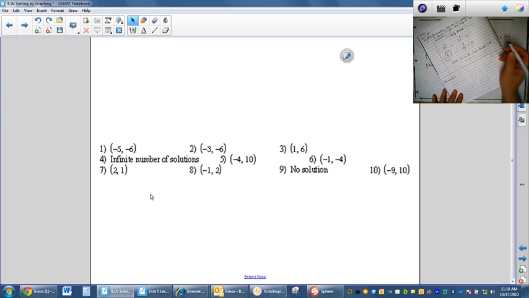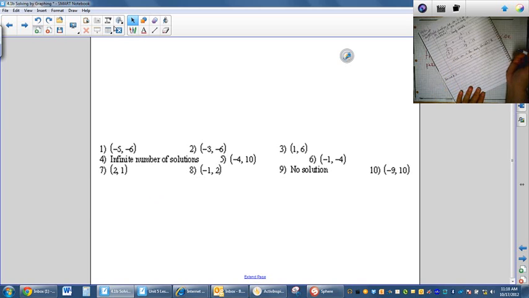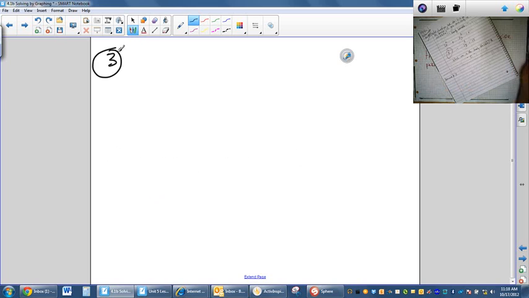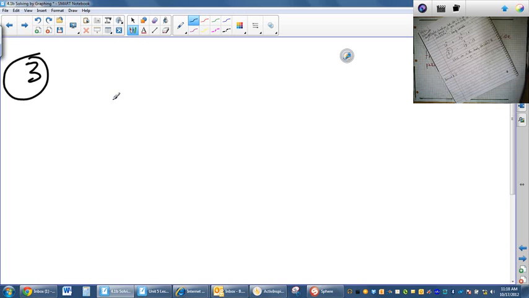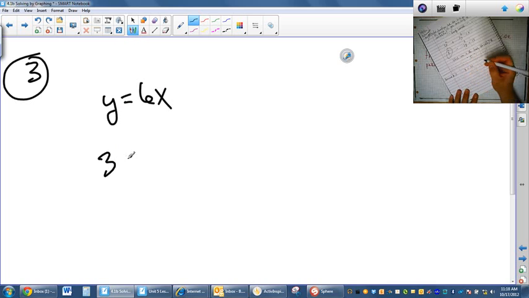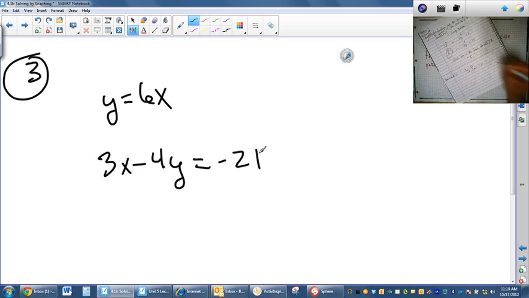Okay, so we have to see number 3 worked out. Number 3 said y equals 6x, and 3x minus 4y equals negative 21. In this case, the lonely variable is very obvious. The lonely variable is this y right here.